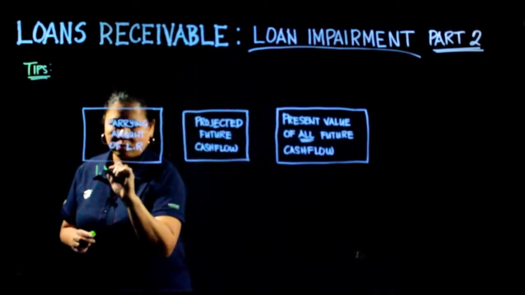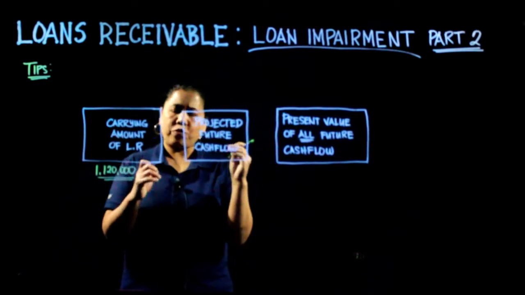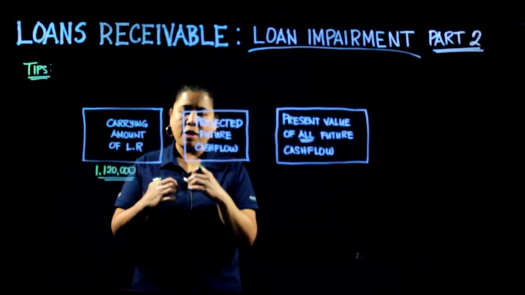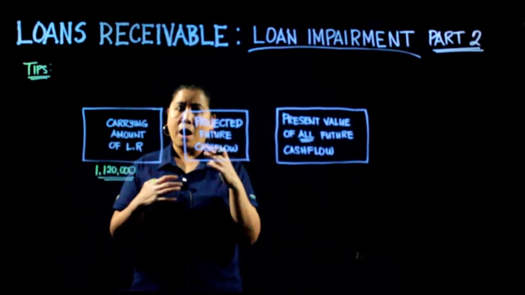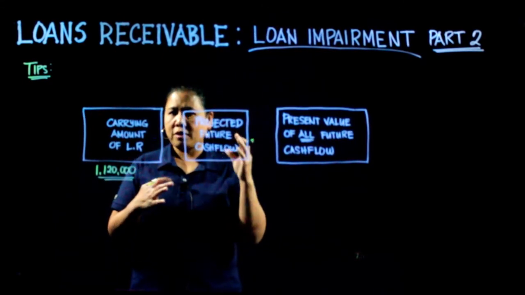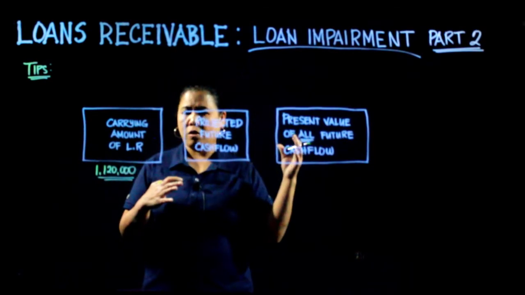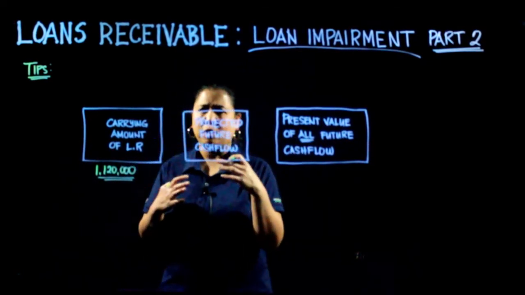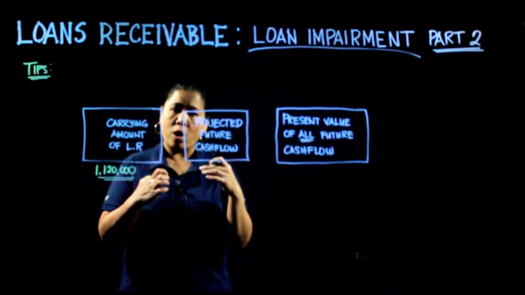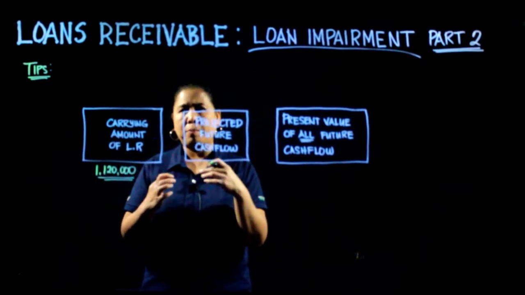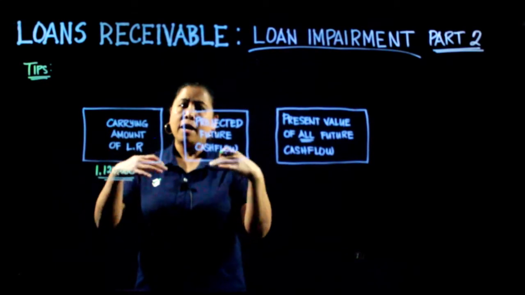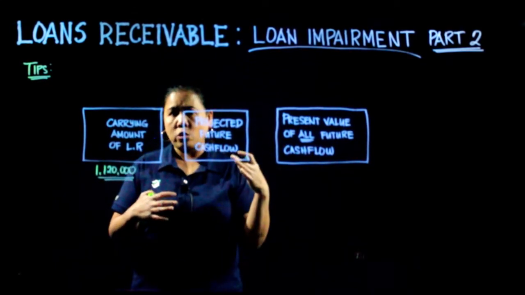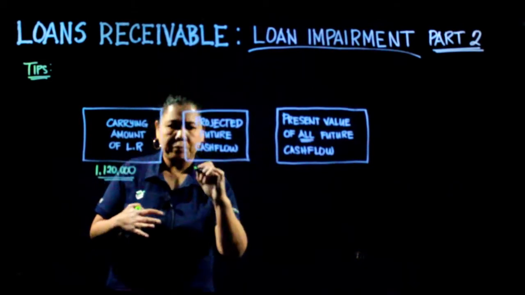And then, the projected future cash flow, nung na-impair na siya, magkano na lang ang mababayaran ng borrower. Yan ang tinatawag na projected future cash flows. Okay? Yung projected future cash flow natin doon sa ating practice question is 1 million. Okay? Yung principal. Pero babayaran niya ito ng 400 and then 600. Alright? So, ang projected future cash flow natin ay 1,000,000.